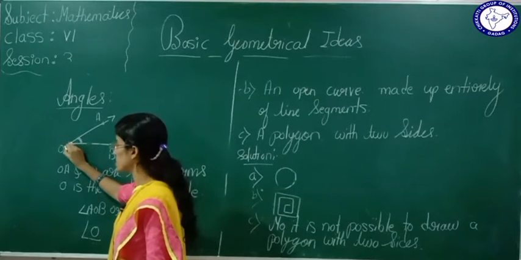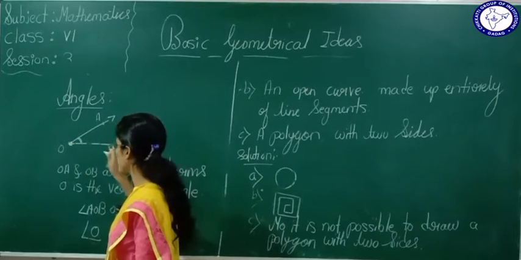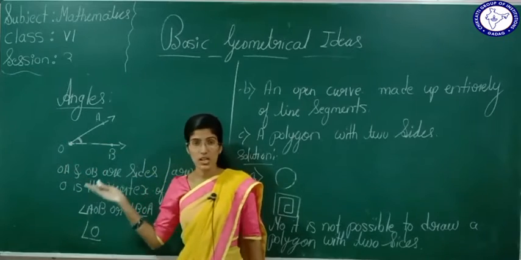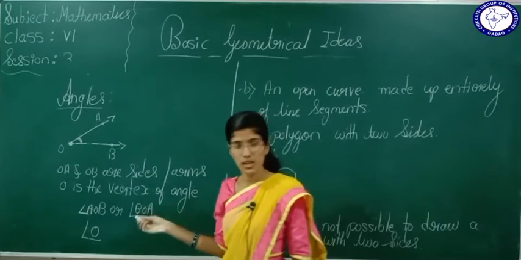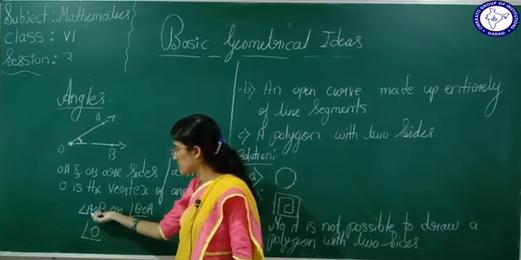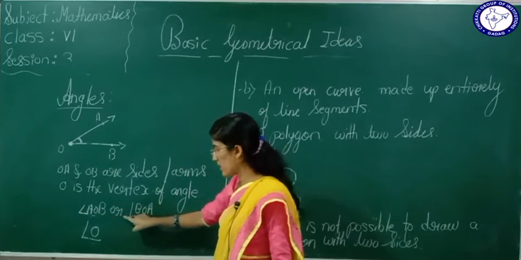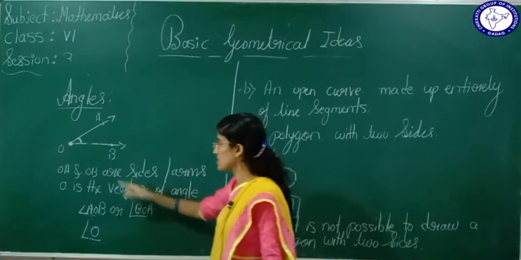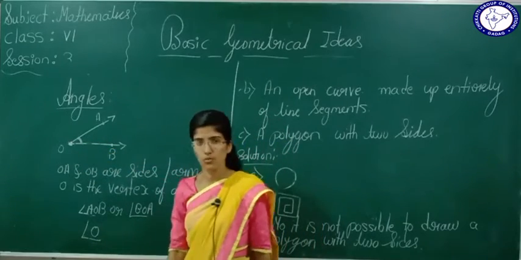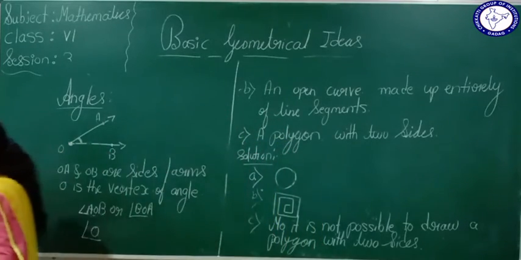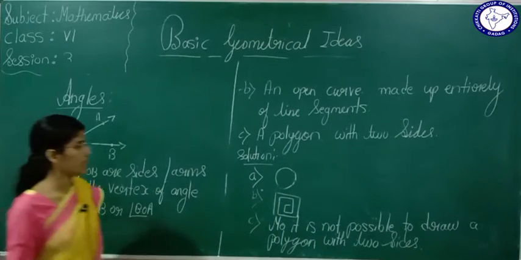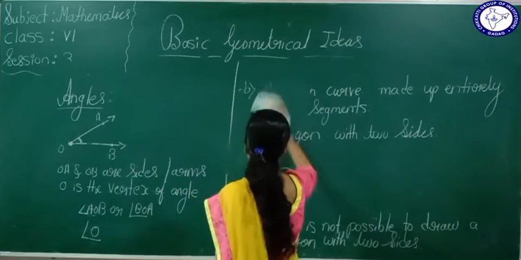Okay, here O is the vertex of the angle and OA and OB are the sides or arms of the angle. Now see here, how do we have to name it? The vertex should be in the middle. Angle AOB or angle BOA, or simply we can write angle O. Okay. So next I will ask some questions here.